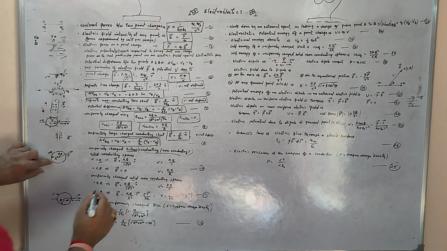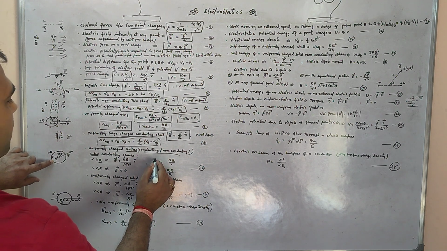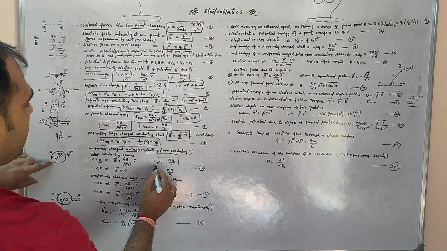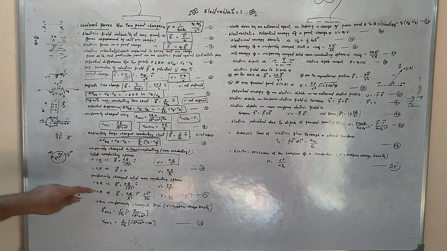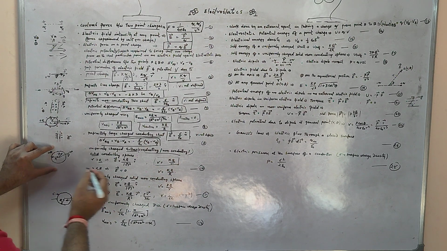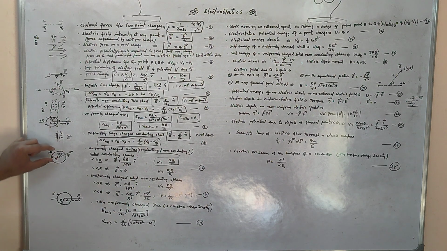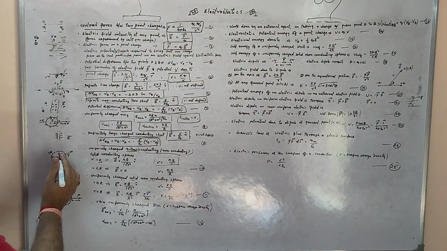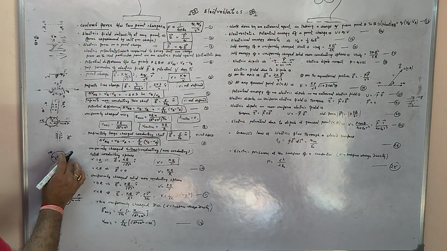Okay, and potential will be kq by r, where q is the net charge on this sphere, small r is the distance of the point from center.